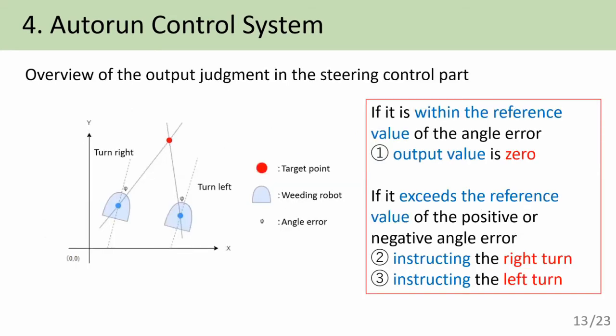Next, the overview of the output judgment in the steering control part. This uses the angle error. If it is within the reference value of the angle error, the output value is 0. If it exceeds the reference value of the positive or negative angle error, the output value is an instruction for a right turn or left turn.